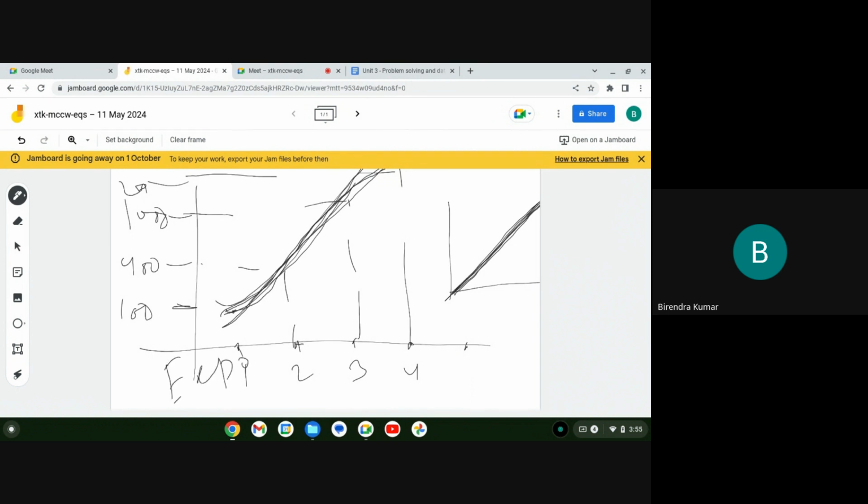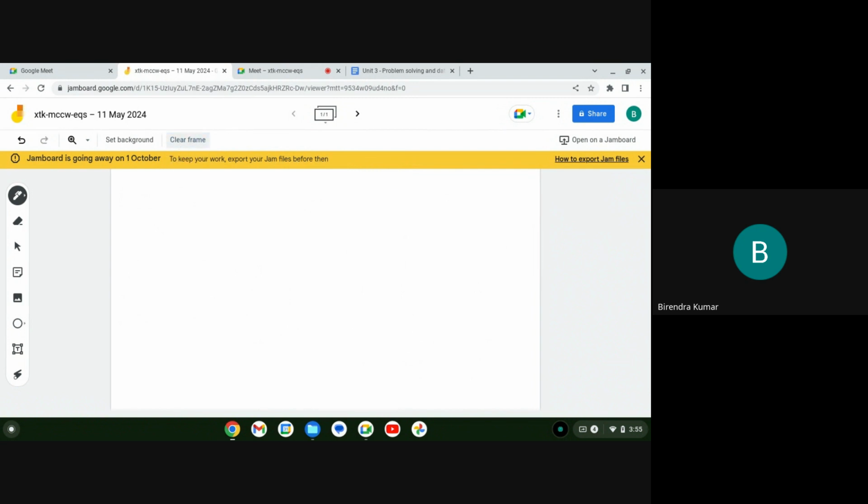Now, another example would be simple interest and compound interest. What happens with simple interest? Let's say I have put $100 in the bank, and my bank gives me $5 interest every year. This remains like a straight line. Now think of compound interest, where after every year my principal plus interest becomes my new principal.